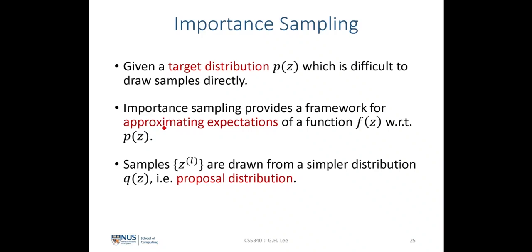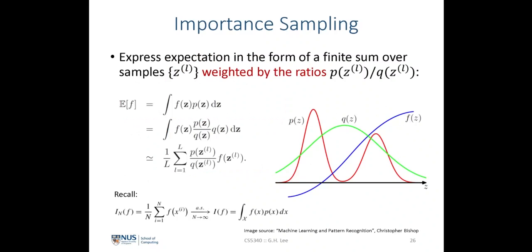We'll see how we can do this by drawing samples from the proposer distribution to approximate the target distribution. We'll first express the expectation in the form of a finite sum over the samples, weighted by the ratio of the target distribution divided by the proposer distribution.